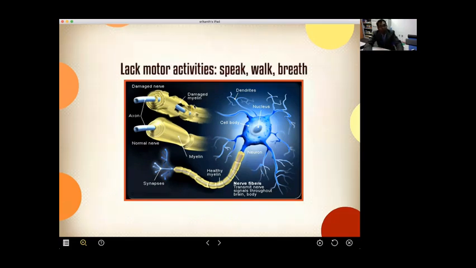This leads to a lack of quick motor activities and difficulty in talking, walking, and breathing, because everything our body does needs electrical impulses to be controlled. Any part of the body works because it gets these signals from different parts of the brain.